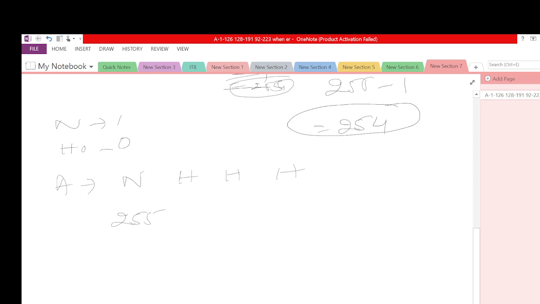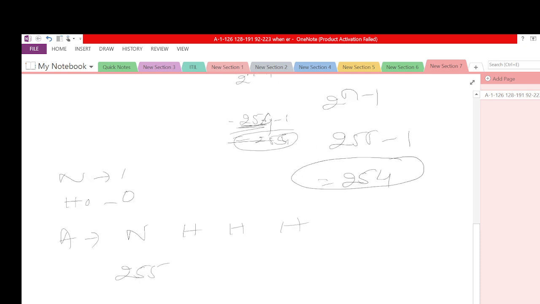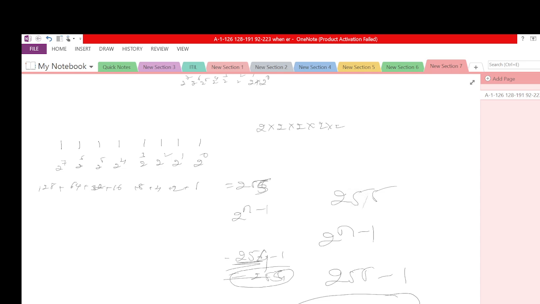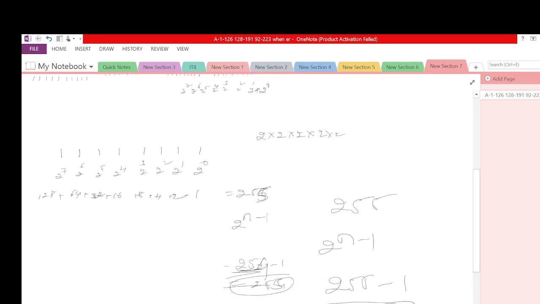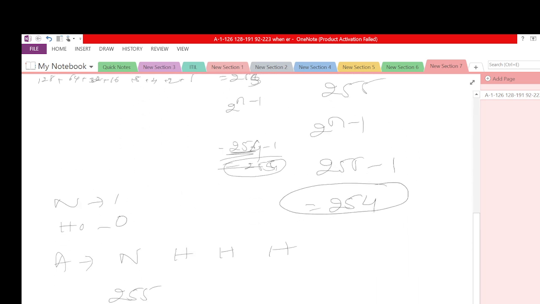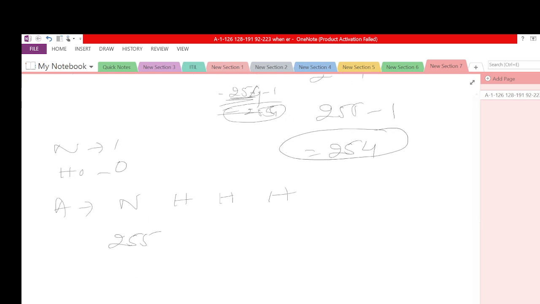And if you put 0 0 0 0, if you multiply by 0, it is 0 only, na? So then it is 0 0 0. So the subnet mask for class A is 255.0.0.0.